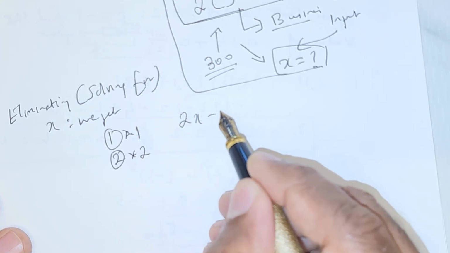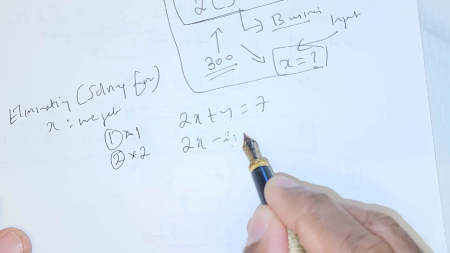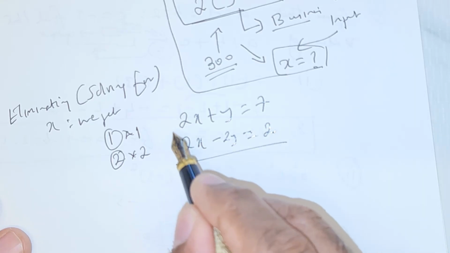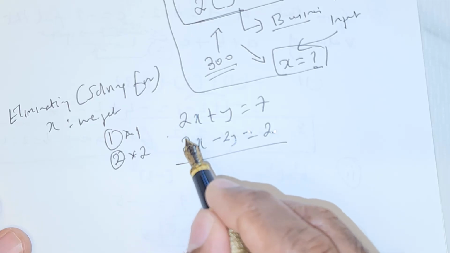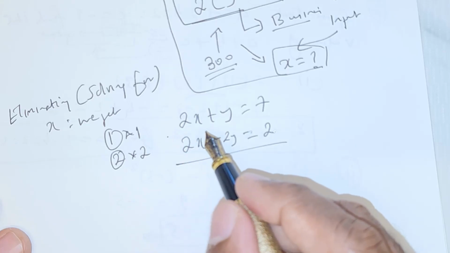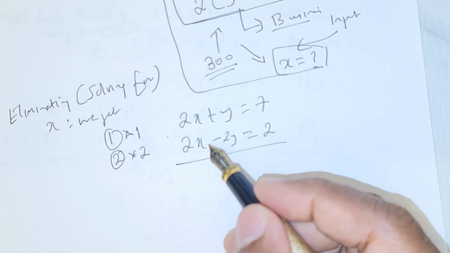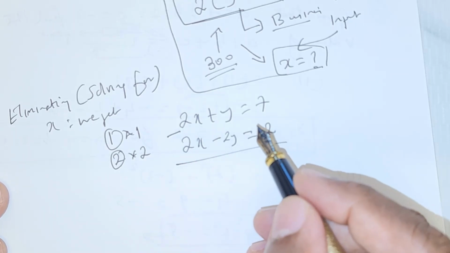So this is going to be 2 times x + y = 7, and 2 times x - 2 times y = 2, and you subtract these two things. You have a positive sign, a positive sign, so when I say subtract, it means I'm changing the signs. Here a positive, I change it to negative.